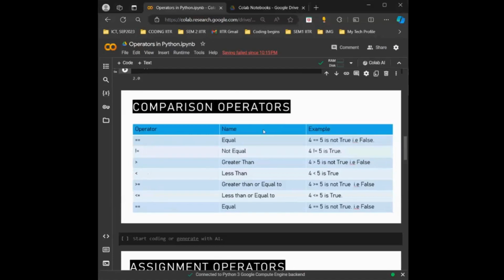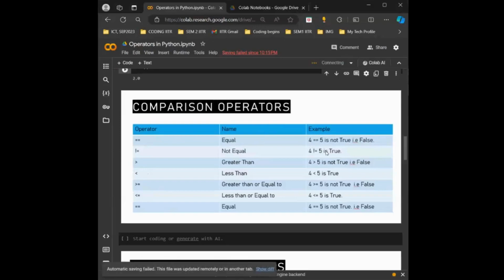In the example, if you see 4 double equal to 5, 4 comes before 5, or I can say 5 comes after 4. If I check the equality between the numbers, it is not making sense. So it is not true. It is false. They are not equal.